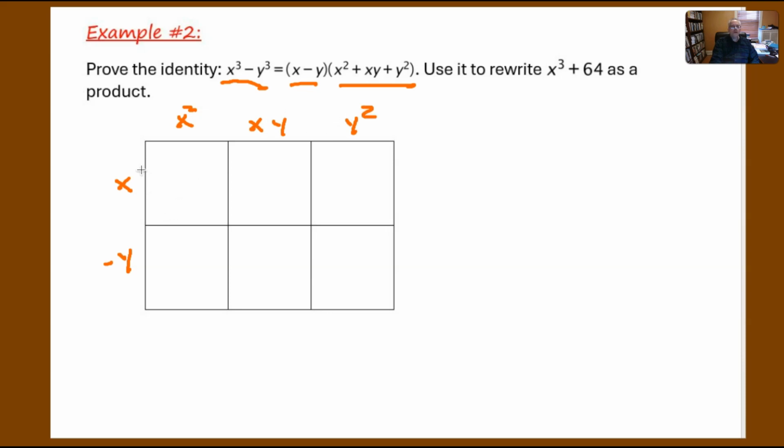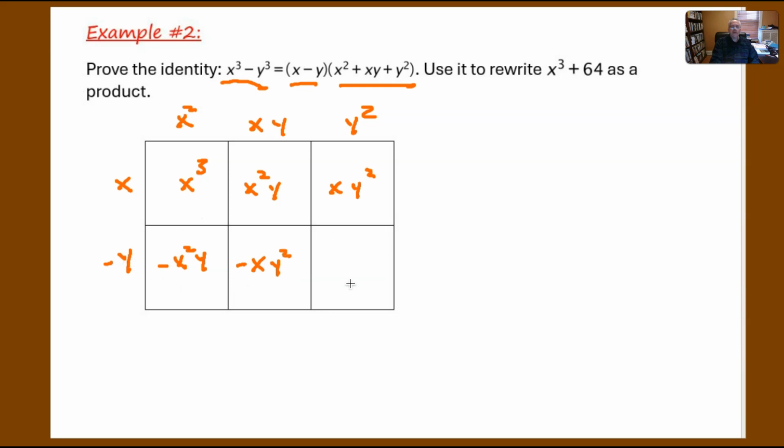All right, so when we multiply, x times x squared is x to the third power. x times xy, well, that's x squared times y. x times y squared is just that. Minus y times x squared, I'm going to put the x first, so that's minus x squared y. And we have minus y times xy is minus xy squared.